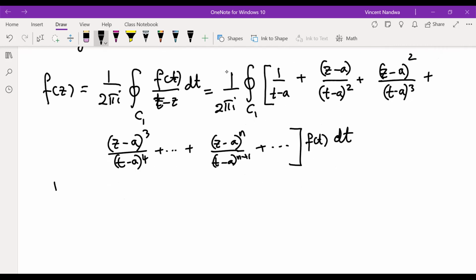Opening, we'll have f of z equal to 1 over 2 pi i.